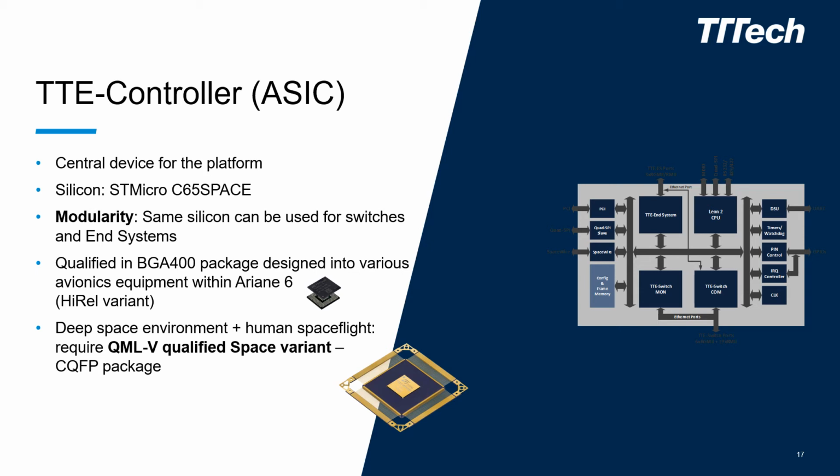A qualified version is already used on the Ariane 6 network. This is the so-called high-rel variant. And for the deep space environment and human spaceflight, of course, a QMLV qualified space variant will be used in a CQFP package. This is the central device for the whole platform used on the Gateway.